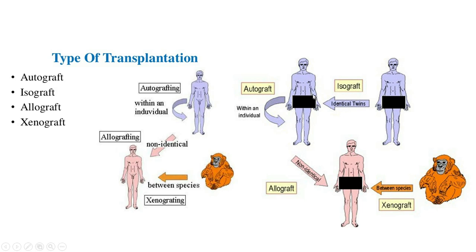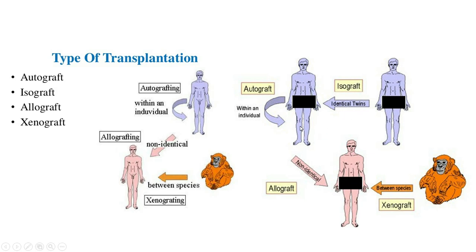But for any organ donation like kidney, it will need some HLA matching. Now if it comes from his identical twin or an HLA-matched donor, this is called isograft. This isograft is most commonly used for the kidney and other organs.